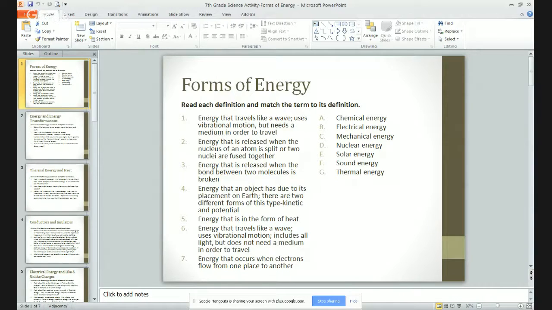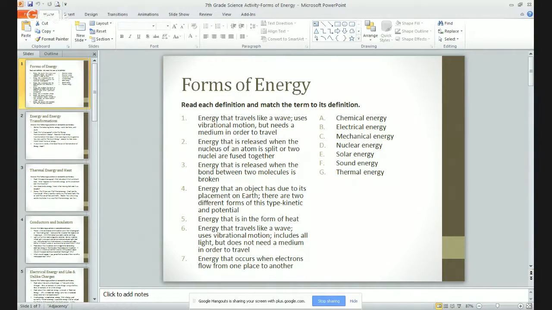All right, we'll just go down 1 through 7. Number 1, energy that travels like a wave uses vibrational motion but needs a medium in order to travel. That's sound.